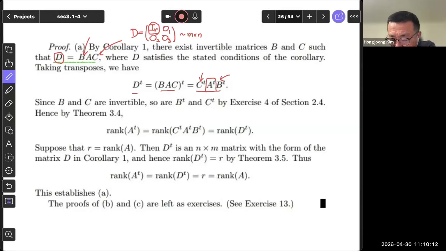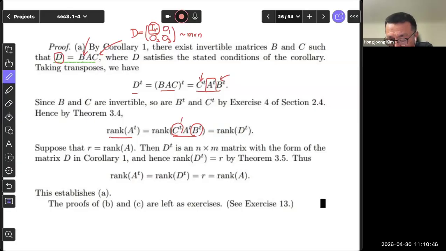Then the rank of A transpose will be the rank of D transpose, since C transpose and B transpose are invertible. And moments ago, I mentioned that multiplication by an invertible matrix does not change the rank.